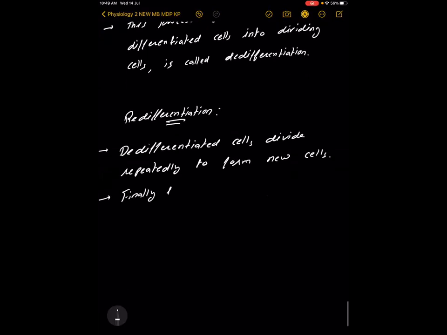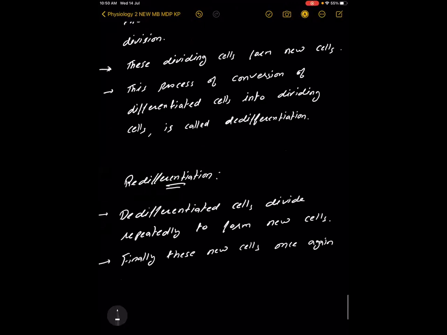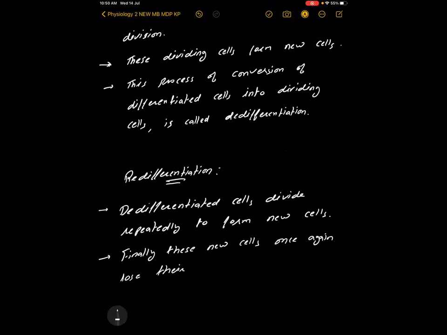Finally, these new cells once again lose their power of division.